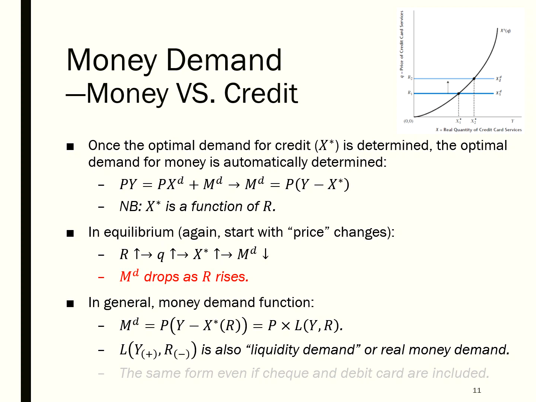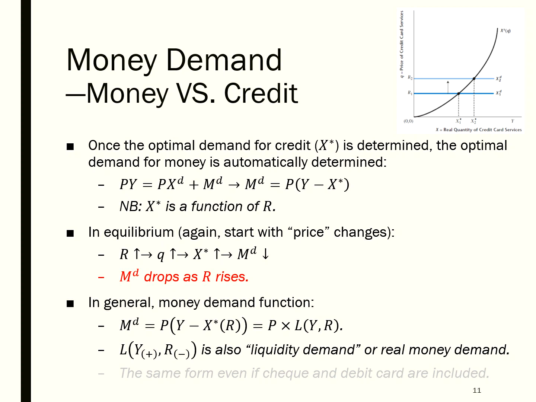But we know that money demand is positively correlated with P because it is P multiplied by L. L is a function of Y and R. Output is positively correlated with money demand, so we have a plus to indicate the positive relationship. Interest rate is negatively correlated with money demand, so we use a minus in the subscript to indicate the relationship between interest rate and money demand.